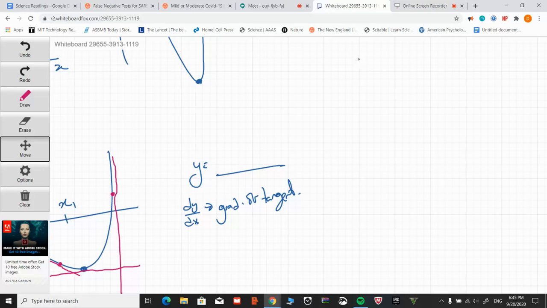Now, keeping that in mind, where does gradient come in? Where does dy by dx come in? Well, at the turning points, since tangents are always horizontal, it implies that the gradient of the tangent is going to be 0. Okay? So why 0? Because remember from coordinate geometry, horizontal lines have 0 gradient.